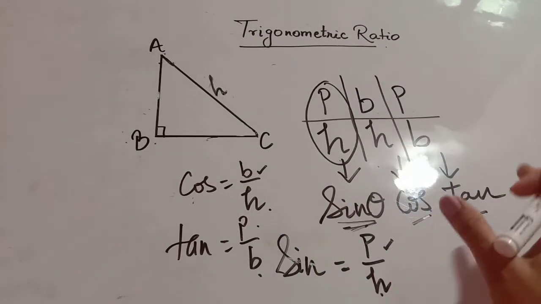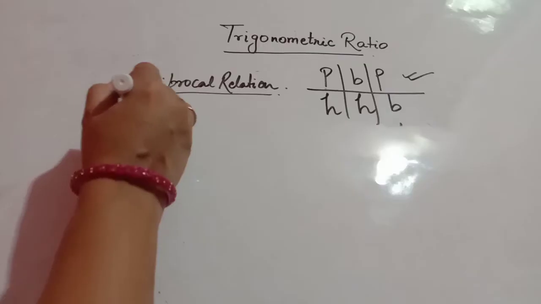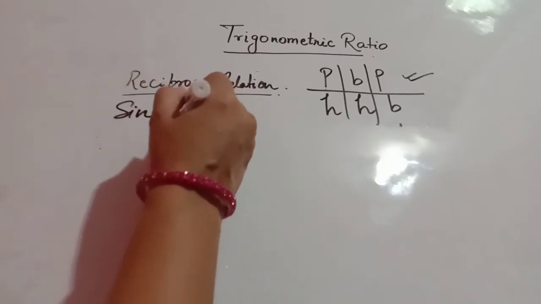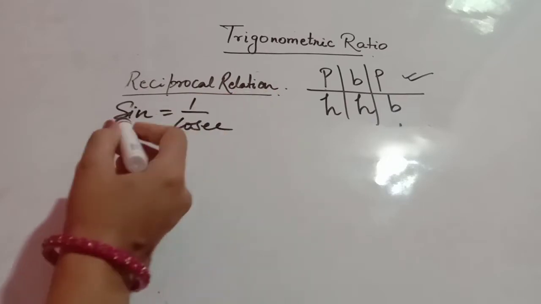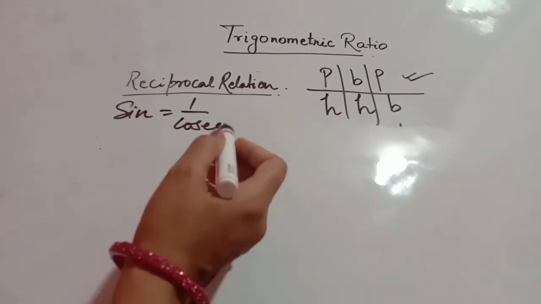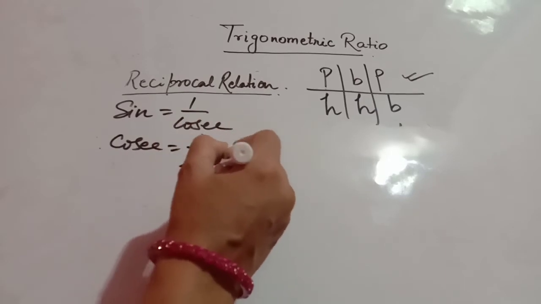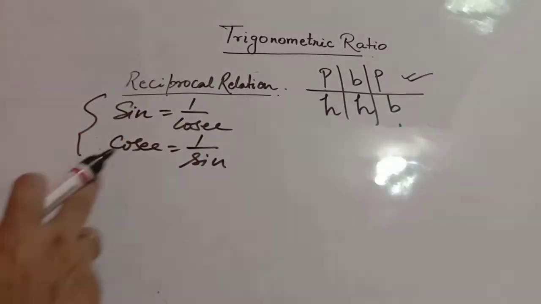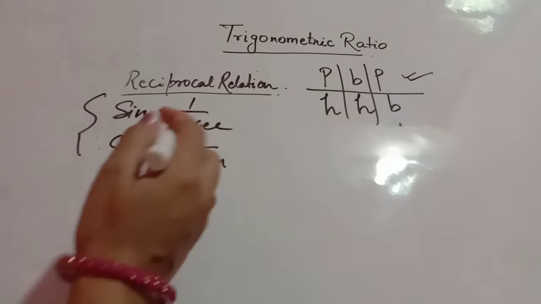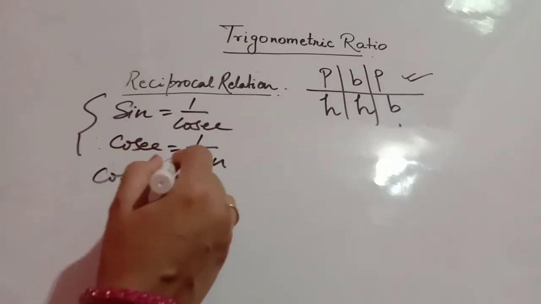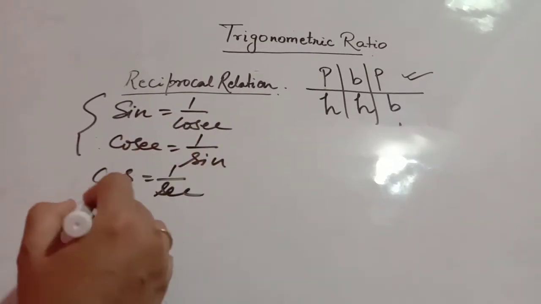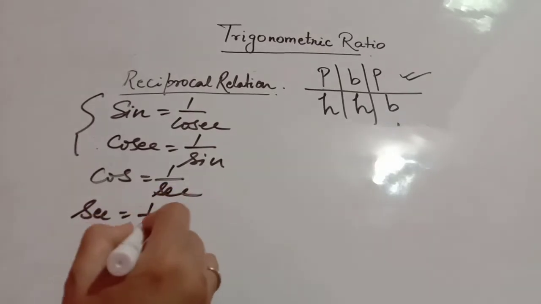And as you know, the reciprocal formulas: sine is the reciprocal of cosec. We can write sine is equal to 1 by cosec. Similarly, cosec is equal to 1 by sine. So sine and cosec are reciprocally related to each other. After that, cos is equal to 1 by sec, and sec is equal to 1 by cos.